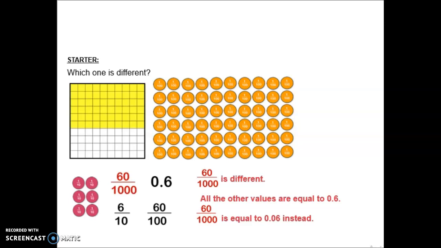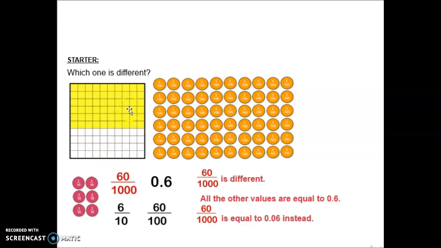Okay, so if we have a little look at the grid, here you have got 60 out of 100 squares that are shaded. Here you have got 60 100ths. Here you have got 1/10 counters and you've got 6 of them, so 6/10.